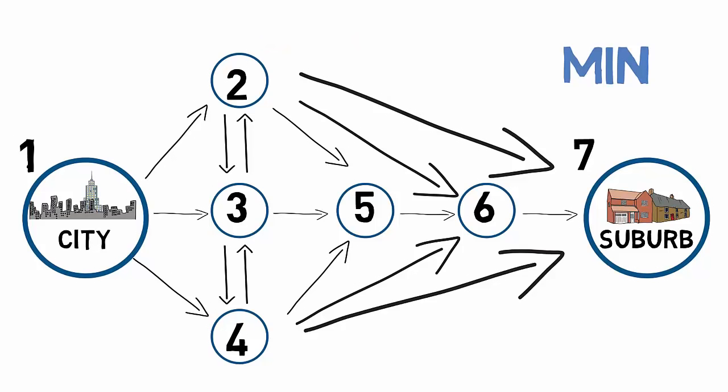If we want to look at the fastest way, we need some more data. So this is the city and the new suburb, and in which case the distances are not enough, but we need the speeds and the distances.